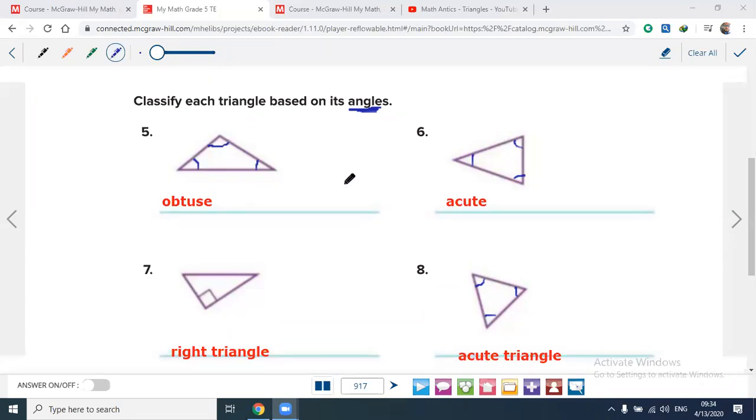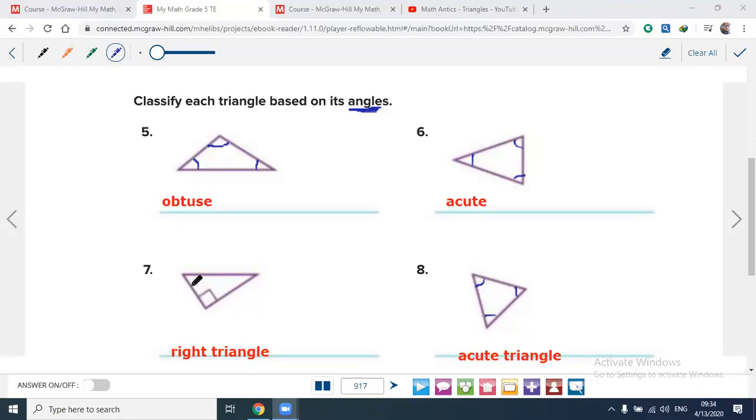So there are 3 types by angles. Is it clear for all? Okay. Any triangle has at least how many acute angles? 2. Yes, excellent. So there are at least 2.